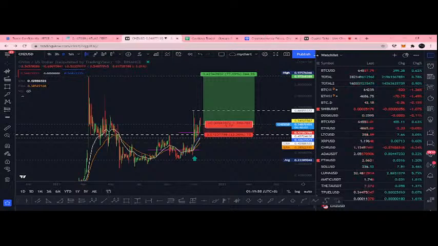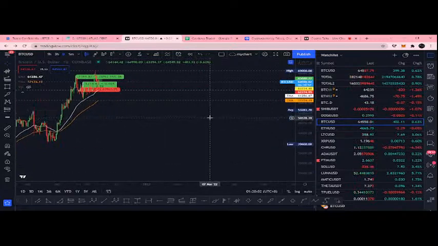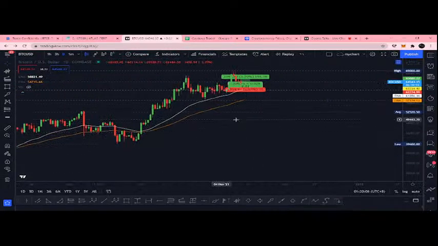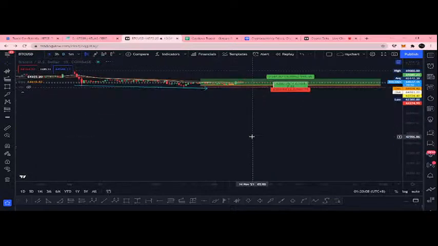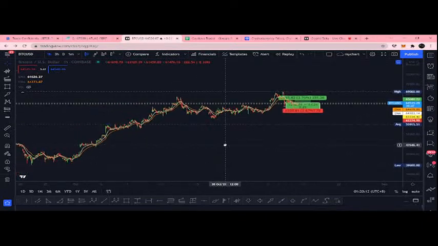So anyway, let's go back to BTC because of course this will be the main driver for the crypto market in general. I remember yesterday someone asked if there is a bullish divergence in the 1 hour time frame.